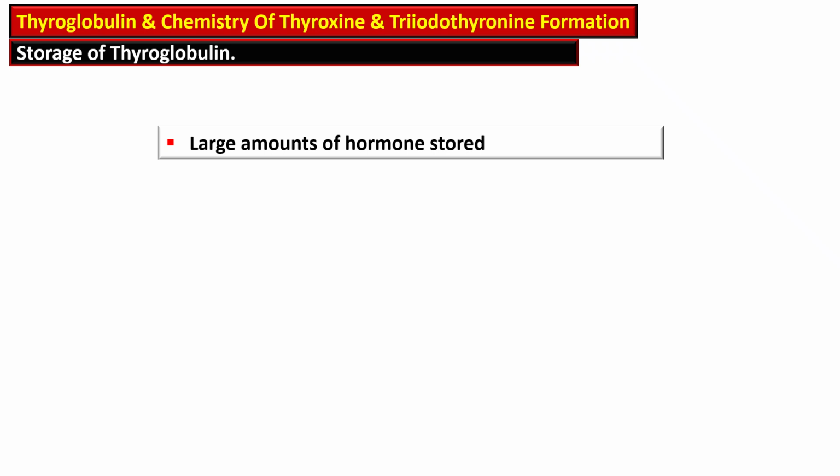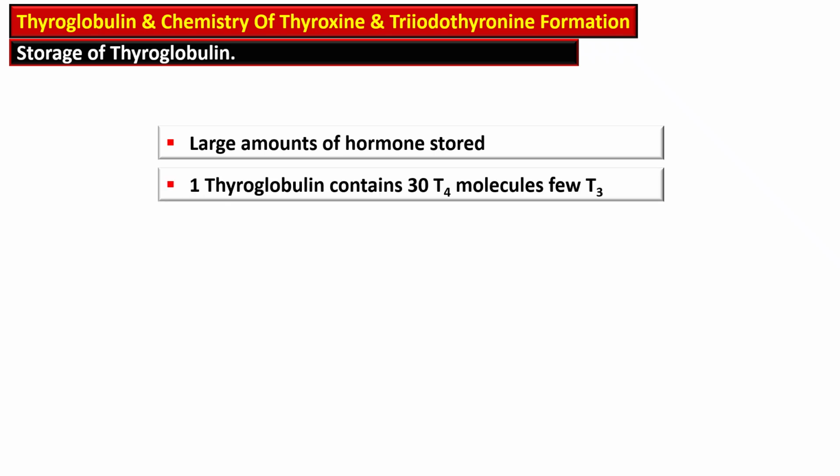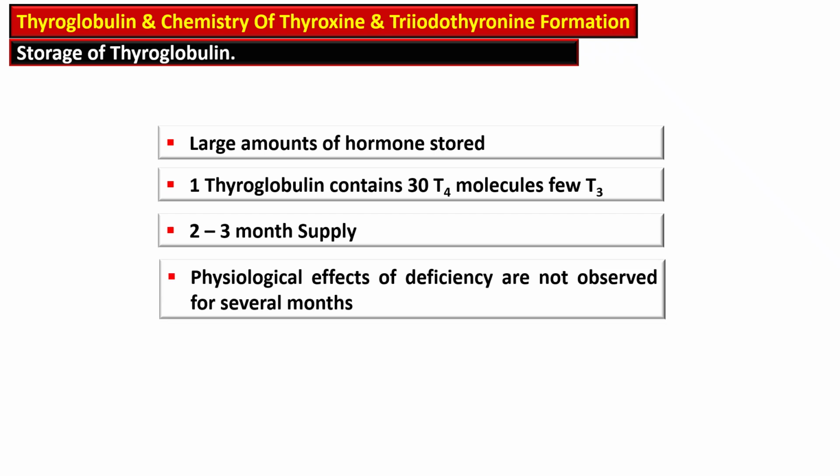The stored form is thyroglobulin, a large glycoprotein that is rich in thyroxine and triiodothyronine. Each molecule of thyroglobulin contains about 30 molecules of thyroxine, that is T4, and a few molecules of triiodothyronine, and these are stored inside the follicle as part of the colloid.